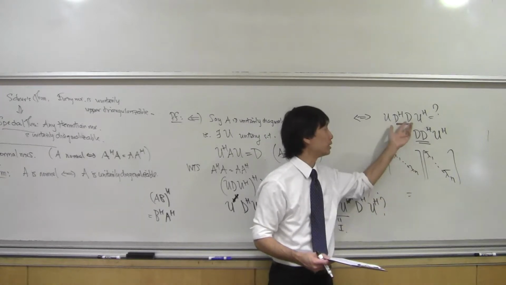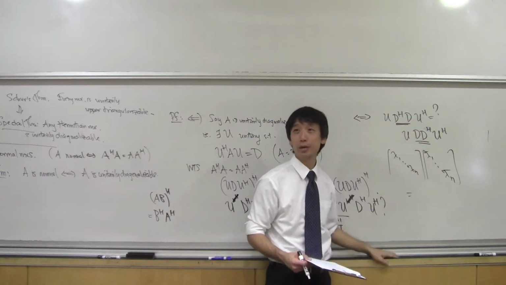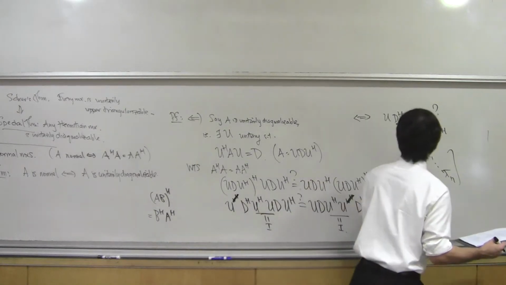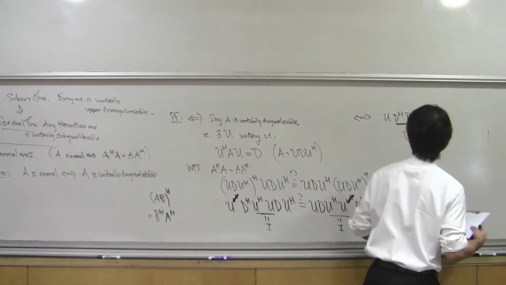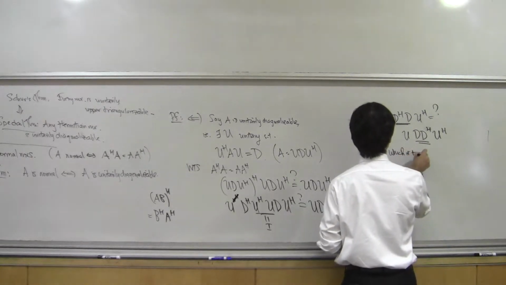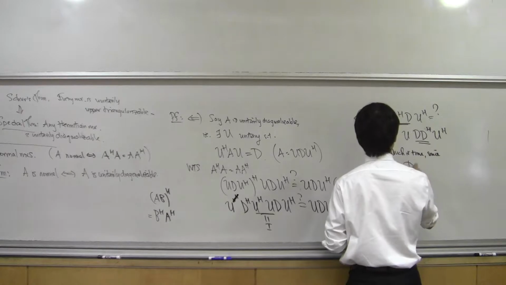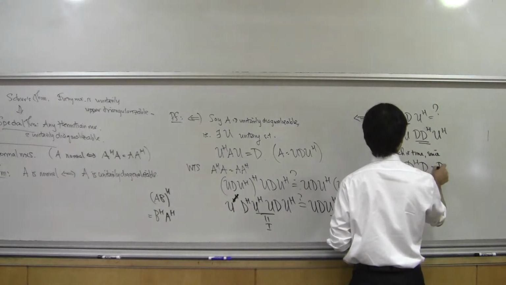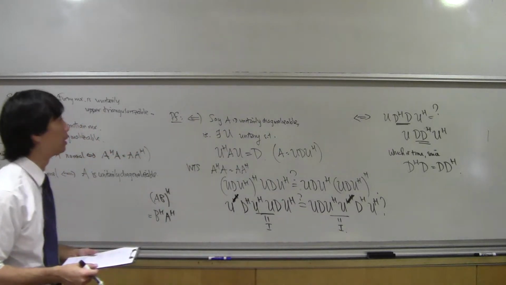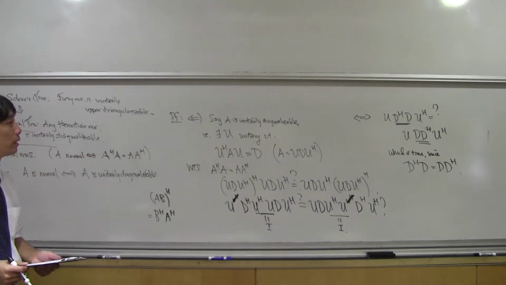So D D^H and D^H D are the same, and our question is answered. This is true since D^H D does equal D D^H.